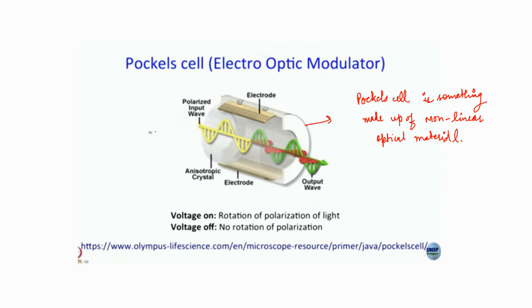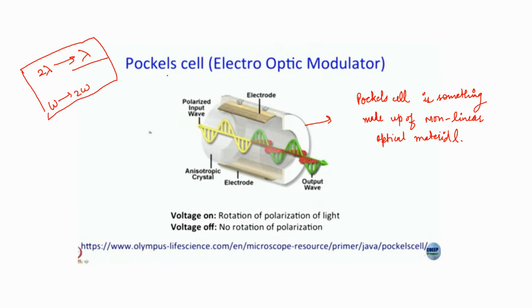Nonlinear optical material means, earlier we studied second harmonic generation, where a light beam of wavelength 2 lambda is converted to exactly half the wavelength, that is the second harmonic generation, where the frequency omega is converted to 2 omega. This was what we had studied.